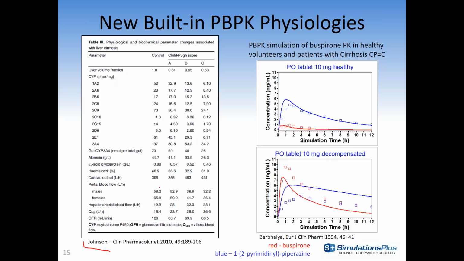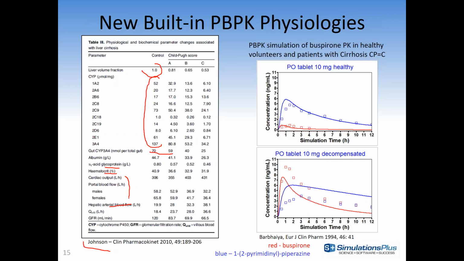So not only the changes due to liver volume and the enzyme expression levels in the liver, but also the enzyme expression levels and changes of CYP3A4 in the gut, more systemic changes like protein levels, hematocrit, changes in the tissue and blood flows and the cardiac output and so on.